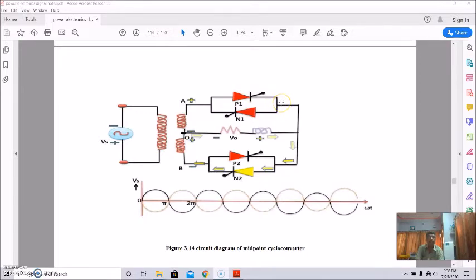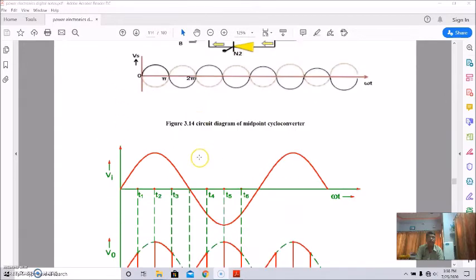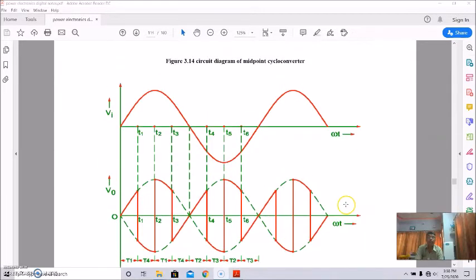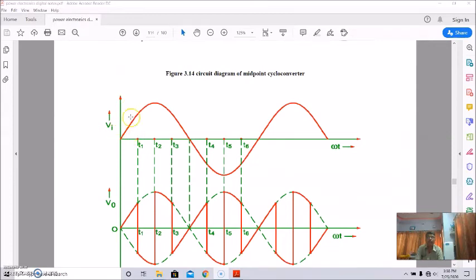So this is from omega t equal to 0 to pi, from this point of the supply.